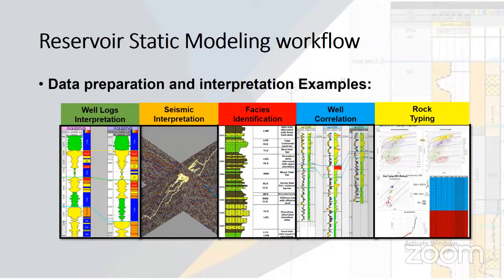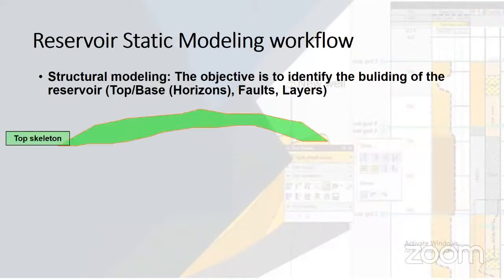We have points in the reservoir. We know the porosity at this well, the rock types at this well, the surfaces, and the facies. But until now we didn't integrate the data, and we didn't do the modeling step. We are just preparing the data that will be used in the modeling workflow. The second step in the modeling workflow is the structural model.